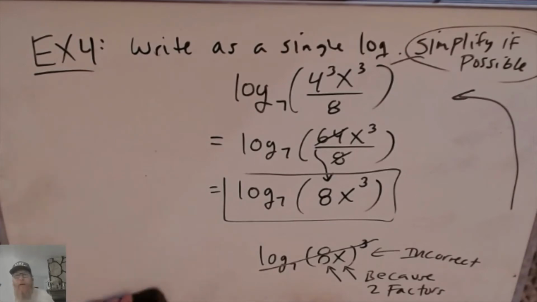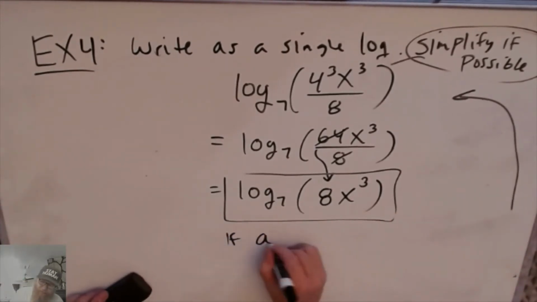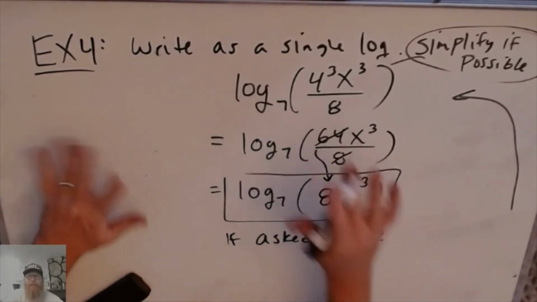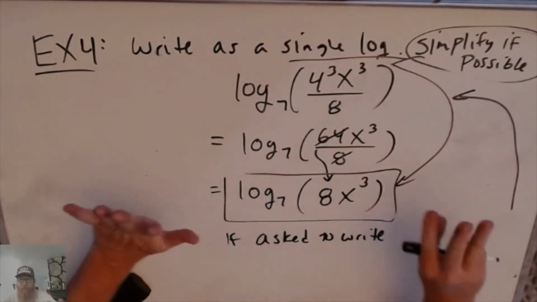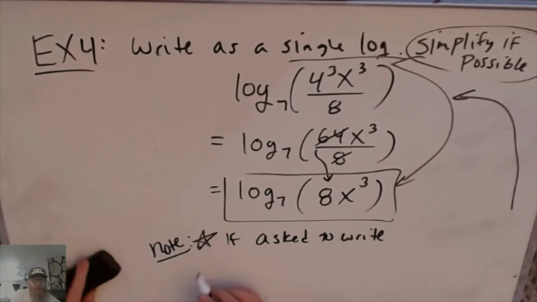You could also write it without exponents. Now this problem didn't say that, it just said single logarithm, so we are done, but this is just a little star note here.